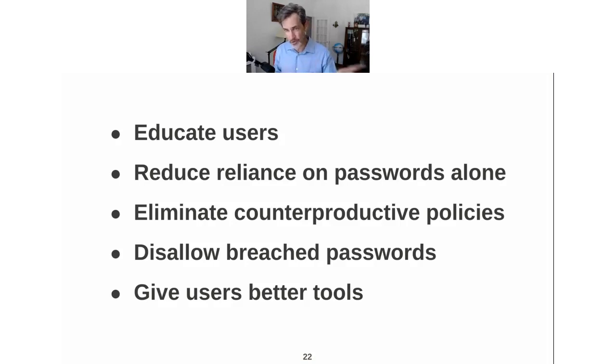Keeping in mind that you don't throw away your deadbolt just because you bought a burglar alarm. Eliminating these counterproductive password policies, particularly forcing people to reset their password every 90 days. Pairing with that, not letting them use passwords that are known to have been breached, and then giving them better tools to manage their passwords in a secure manner.